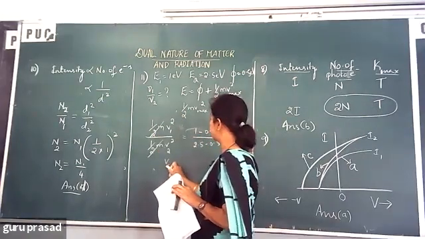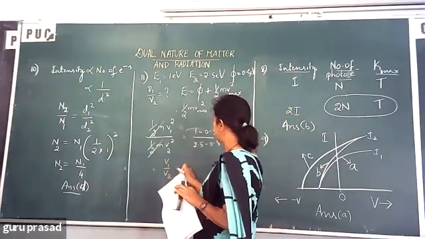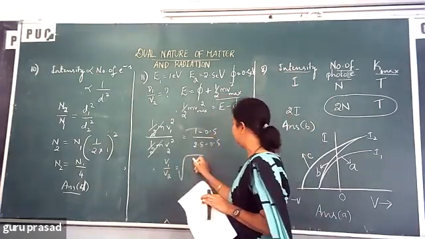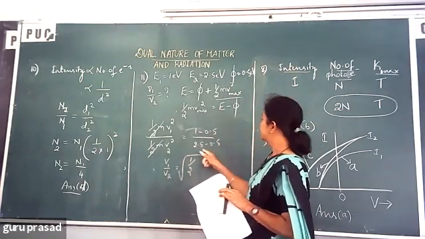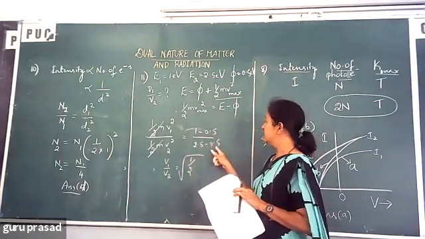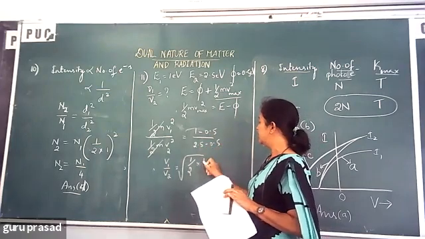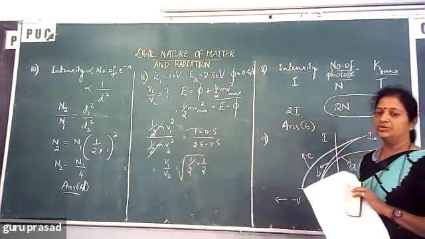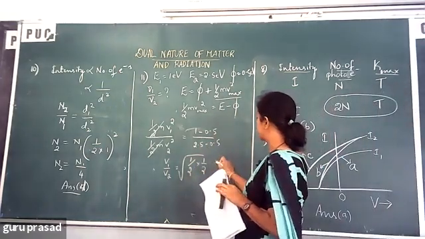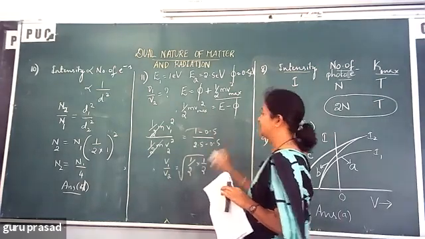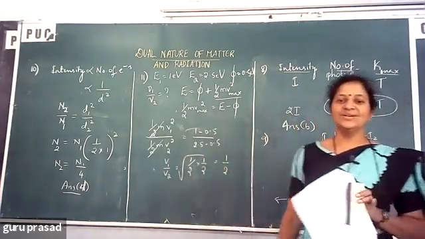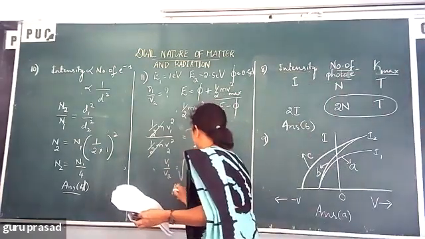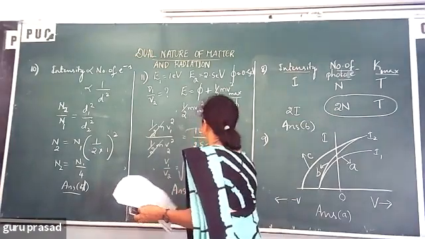If you want the ratio V1 by V2, you have to take the square root of this. 1 minus 0.5 is half, and 2.5 minus 0.5 is 2. Both come in the denominator, 2 into 2. The square root of this is 1 by 2. So their speeds are in the ratio 1:2. So it is answer B.